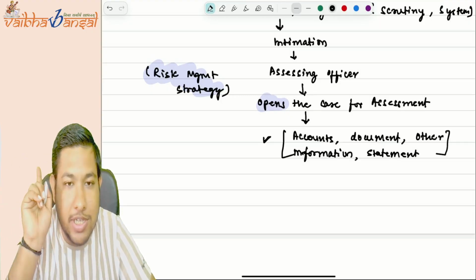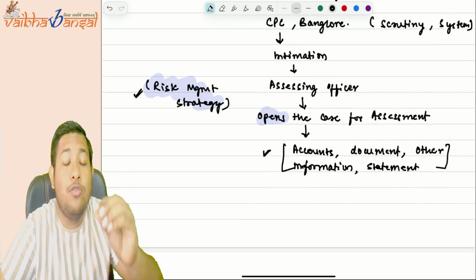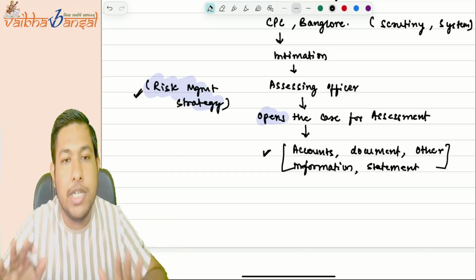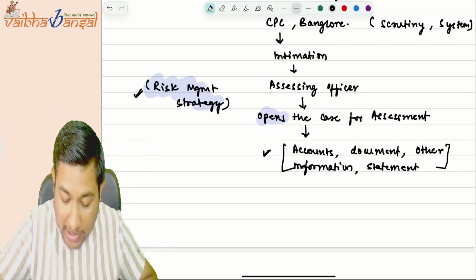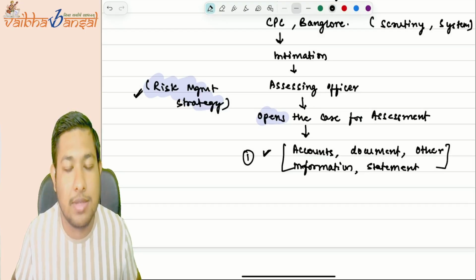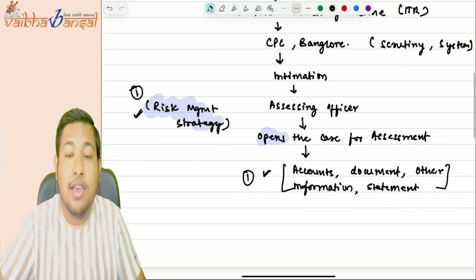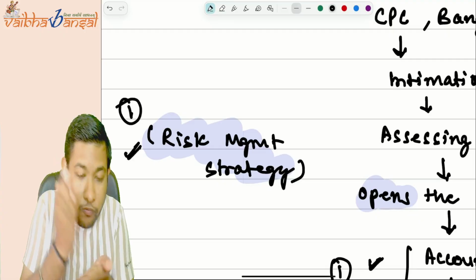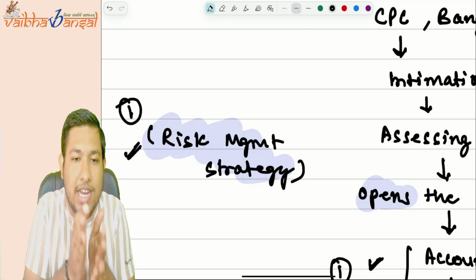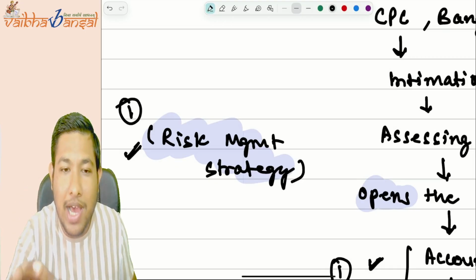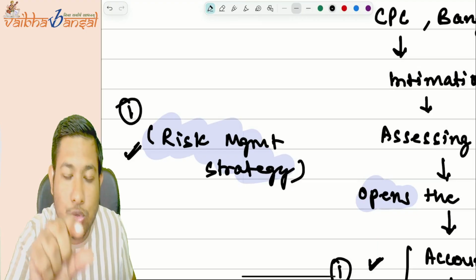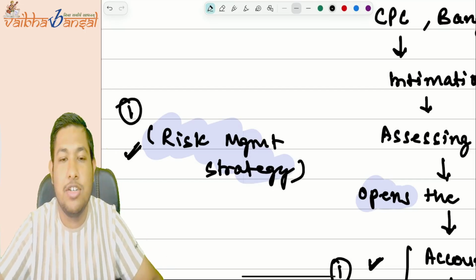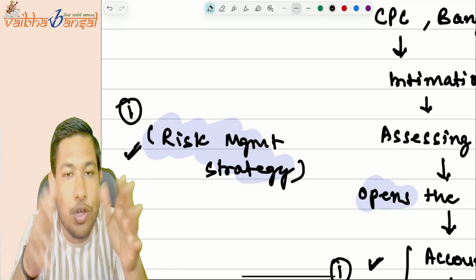So this should be the first step, because the risk management strategy, on what basis the case will be selected, is not disclosed by the CBDT. Understand it very carefully. Why is this the first step of our section? Why not the second? Because if it were clear to you on what basis, on what criteria the department will select your case for scrutiny, there would be high chances that you will not make those mistakes, but you will make mistakes in those areas which are not detected and not in focus of the CBDT.